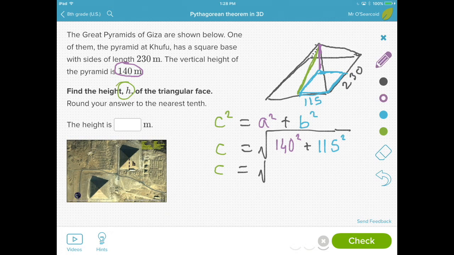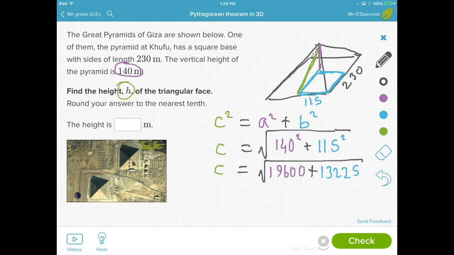But I used a calculator because I'm making a video here and I don't have the time. So 140 squared is 19,600, and 115 squared is 13,225. So that's a pretty big square root.